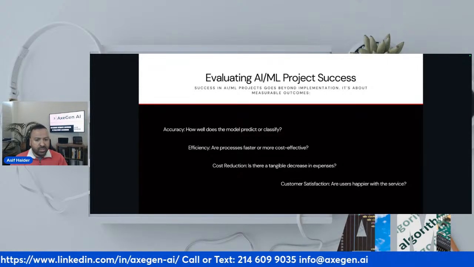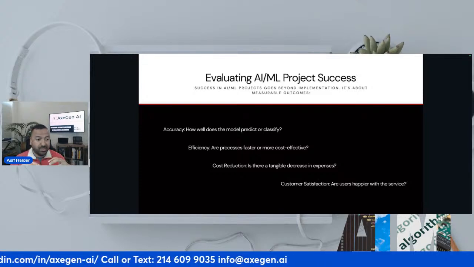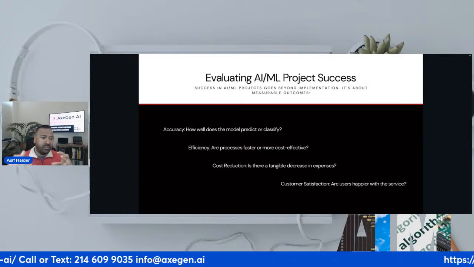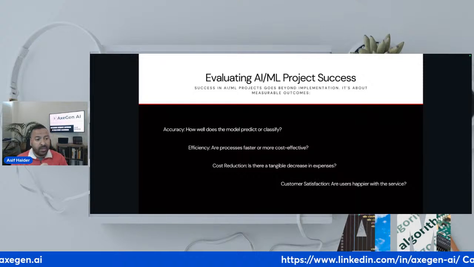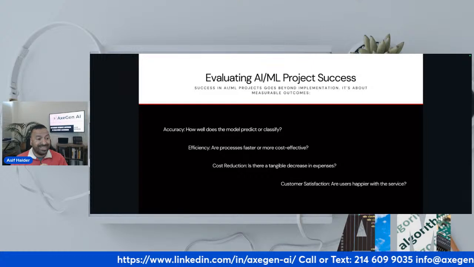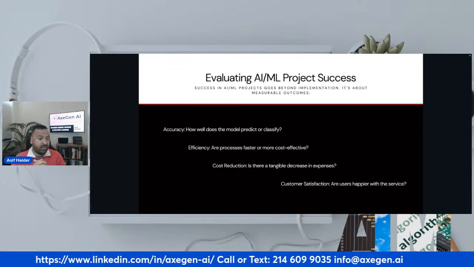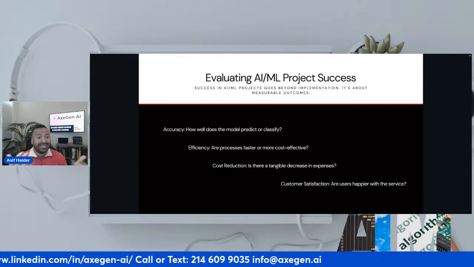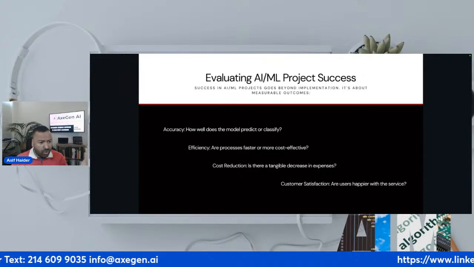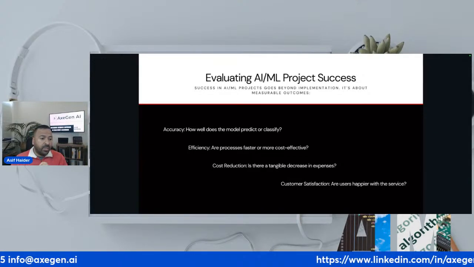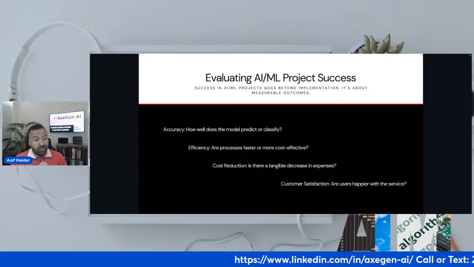So cost reduction: is there a tangible decrease in expenses? That's a good question to ask, because if it's a clear productivity gain and then improved bottom line, how do you capture that KPI? What are some of those questions that you have to ask once you start delivering, right? But you should be asking those questions ahead of time with some due diligence built into it. So you really have to audit the design you're putting out in order for it to be developed, right?